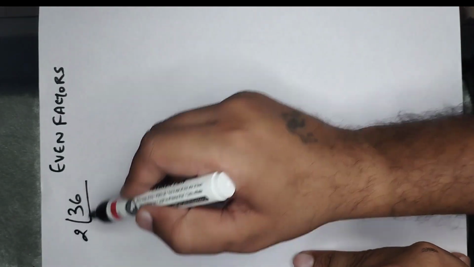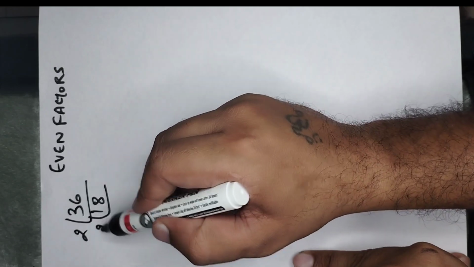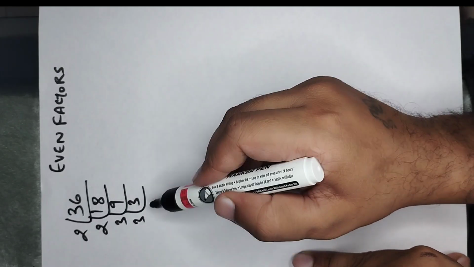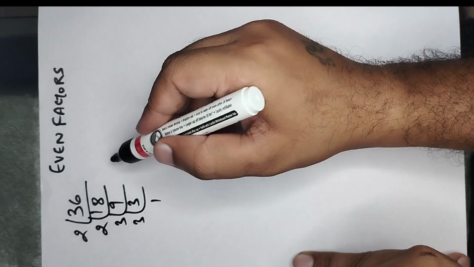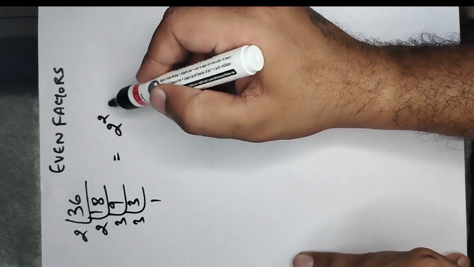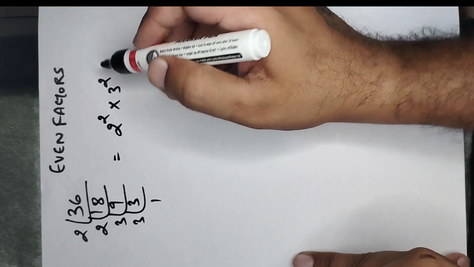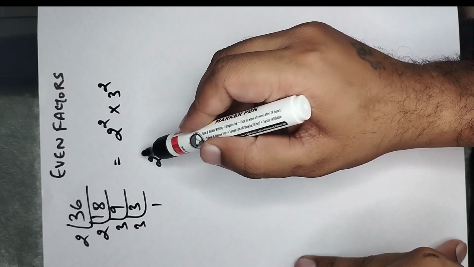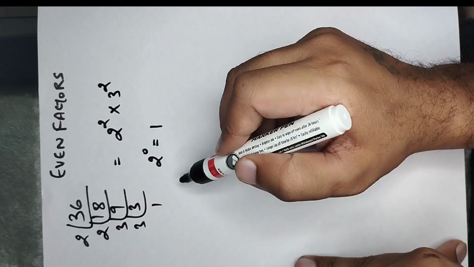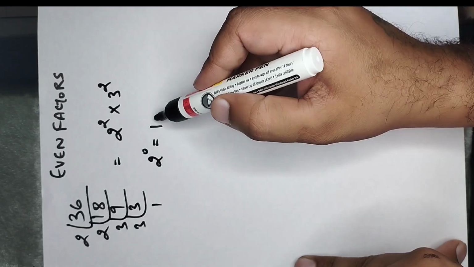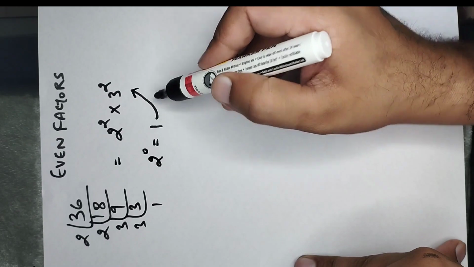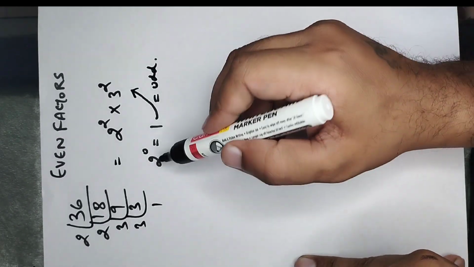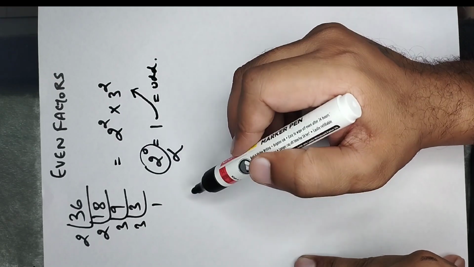I can write this one as... Now what you have to remember is, as I have told you, 2 raised to the power 0 always gives us 1, and when this 1 gets multiplied with this 3, it will always give us an odd number. So what we have to do, we always have to eliminate this 2 raised to the power 0.